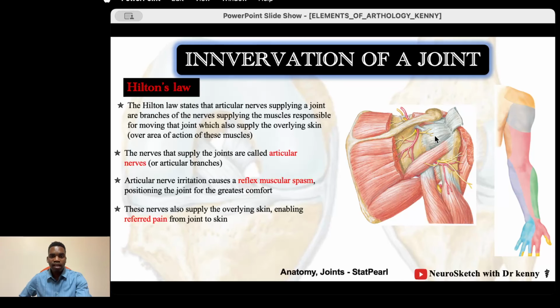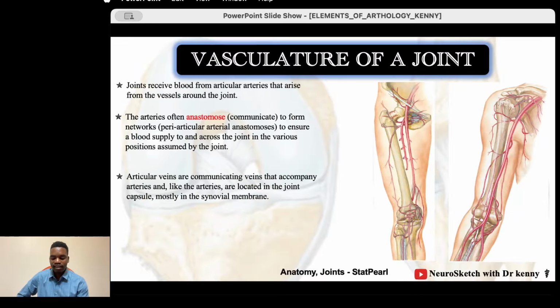Why? Because we can have irritation within the joint, and the pain will be felt somewhere on the skin, because they share the same innervation, the same nerve fibers, and that's what we call referred pain.